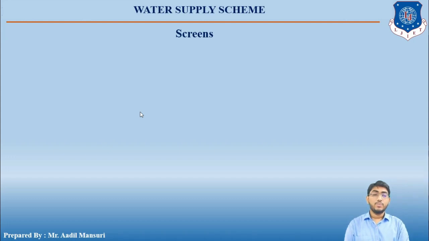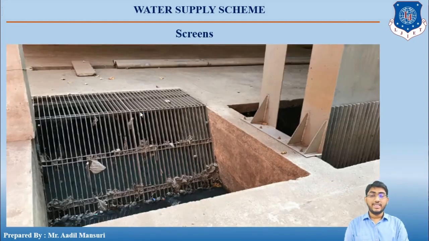Okay, so you can see on the screen there is a screen, with an open channel under it, and the floating particles are trapped before going inside the water treatment plant.